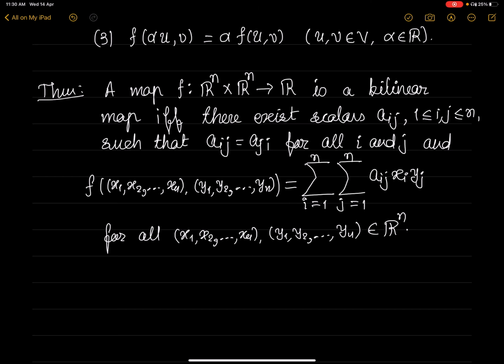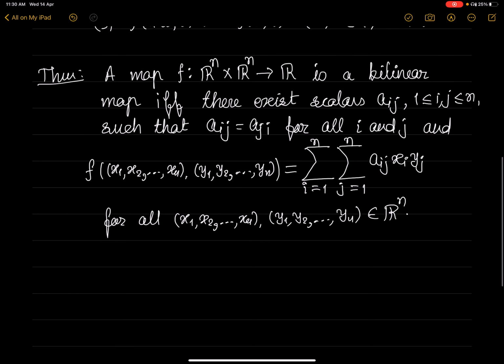Okay, so first we are going to assume that f has this form with aij equals aji, then we show that f is a bilinear map. In fact, that is a much easier task.